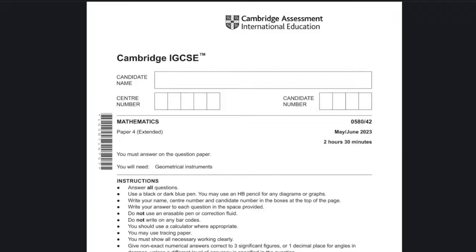Let's do it. Let me quickly put it. Give me 1 second.